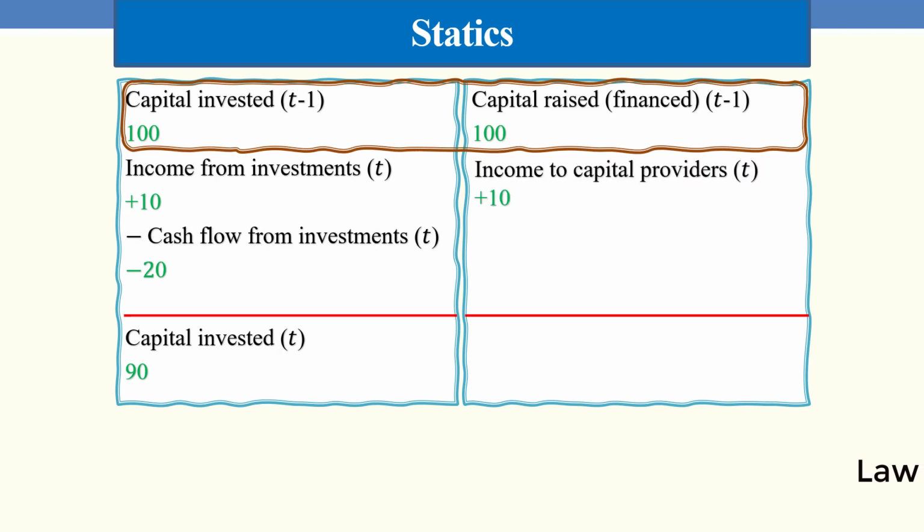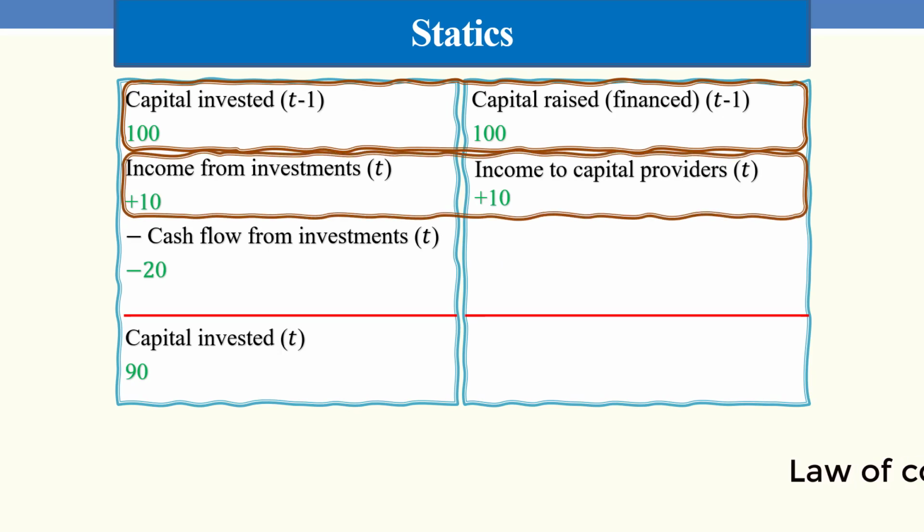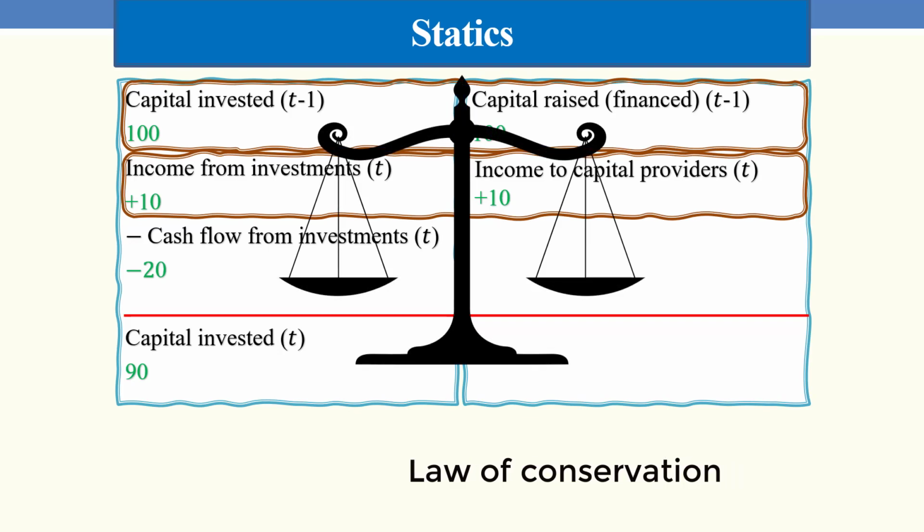The investments generate $10 income, but then income is accrued to whom? To the capital providers. That income is not owned by the firm. It is owed by the firm to the capital providers. So income from investments is equal to income to capital providers at every date. This is the law of conservation for income.